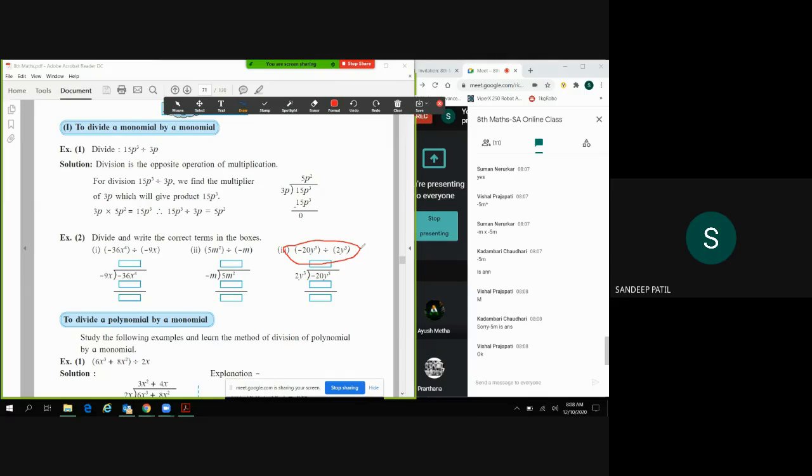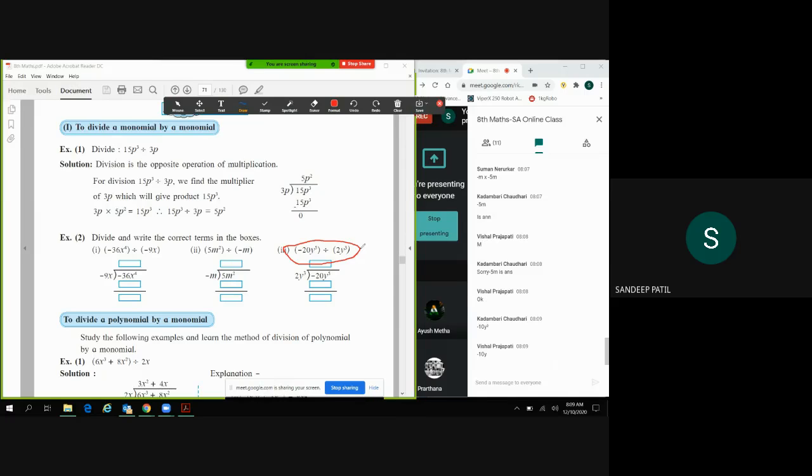So what is the answer for the third? For the third also, split into two terms, one constant and another variables.